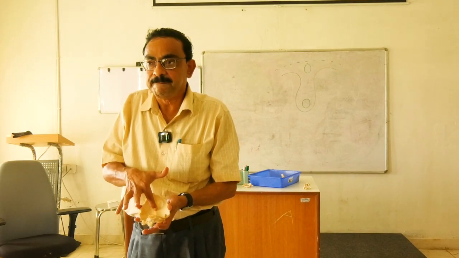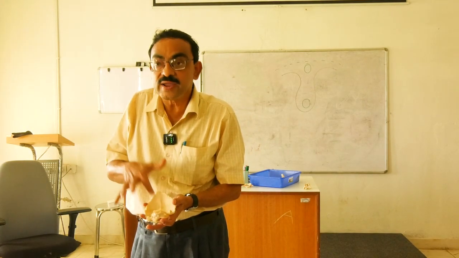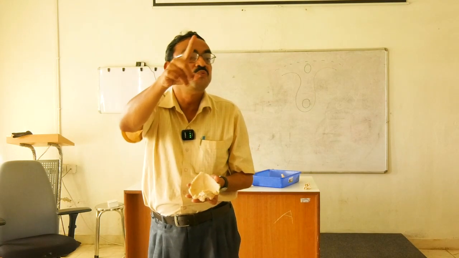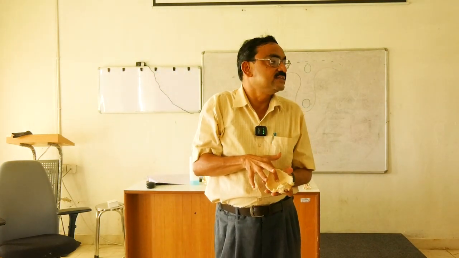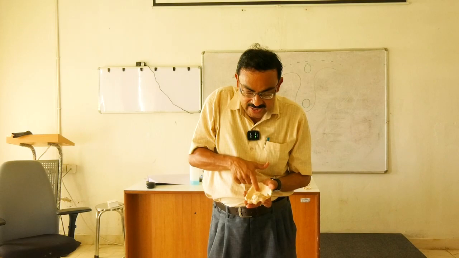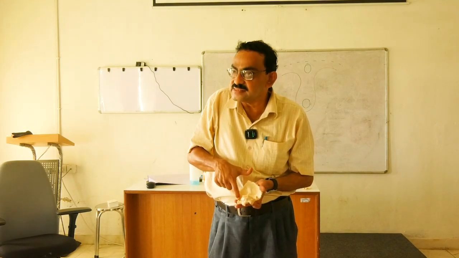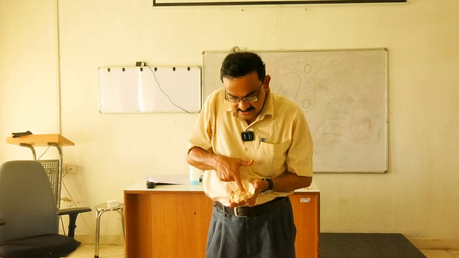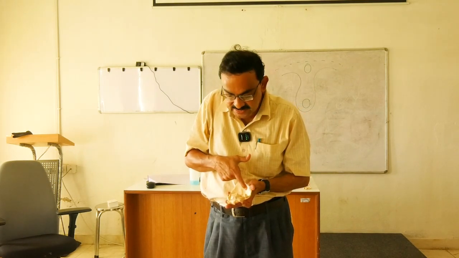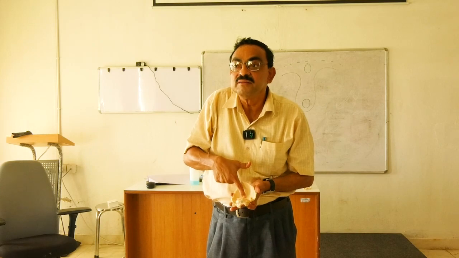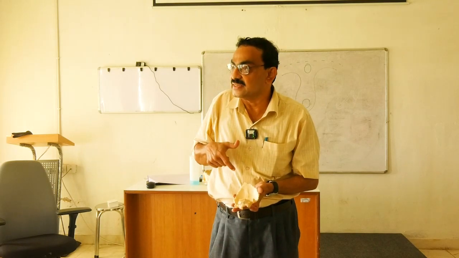And in this area, we also get another vein which is called the occipital sinus. So here we are getting the superior sagittal sinus, here is the right transverse sinus, here is the left transverse sinus, and here is the occipital sinus.